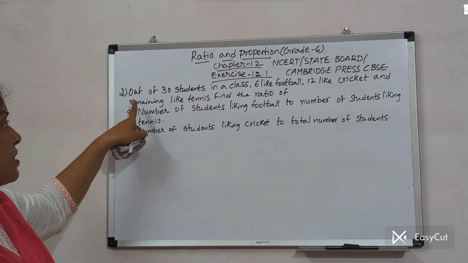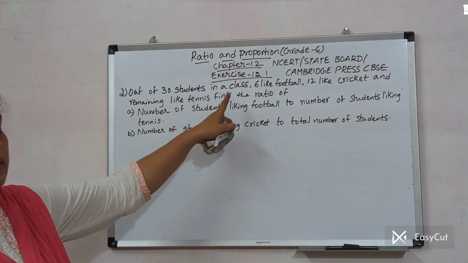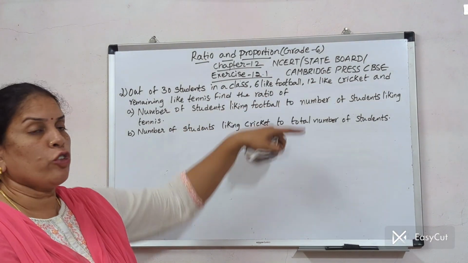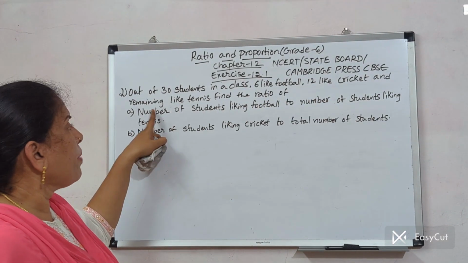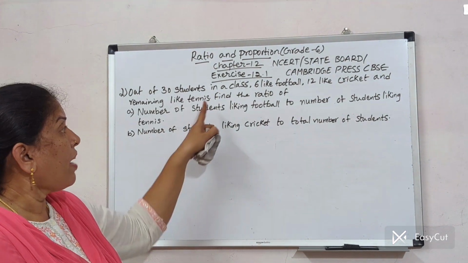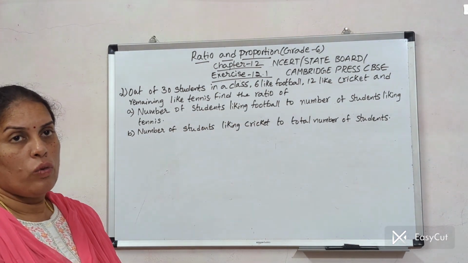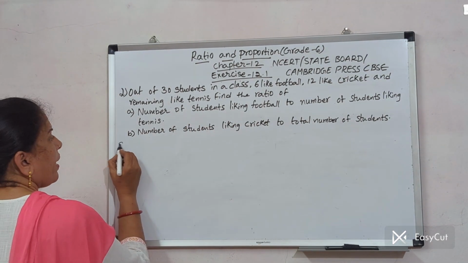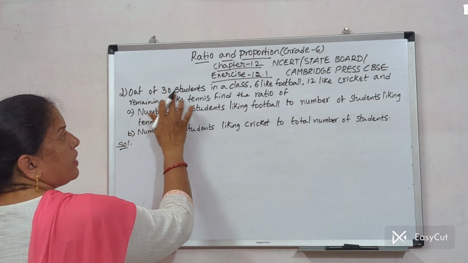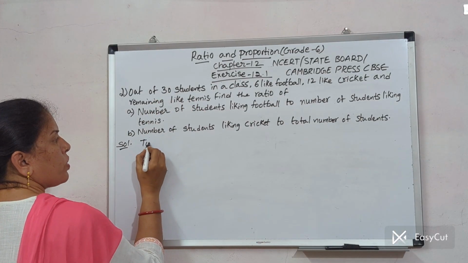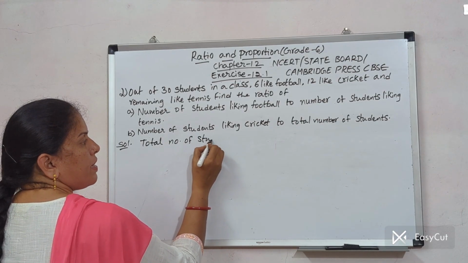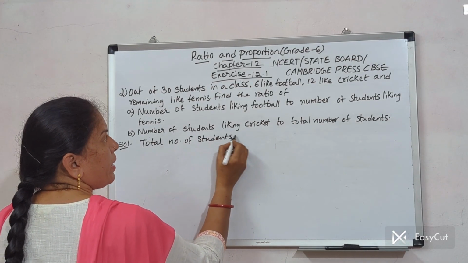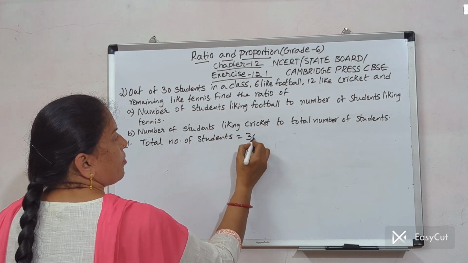Next question is, out of 30 students in a class, 6 like football, 12 like cricket and the remaining like tennis. Find the ratio of. What is the given question? They have given that there are 30 students. Total number of students is 30.